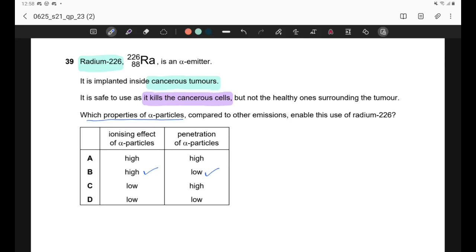But it has a very high ionizing effect. That means it can kill the cancerous cells using its high ionizing effect, but it cannot penetrate to other healthy body organs because its penetration power is low. So the correct answer is option B.